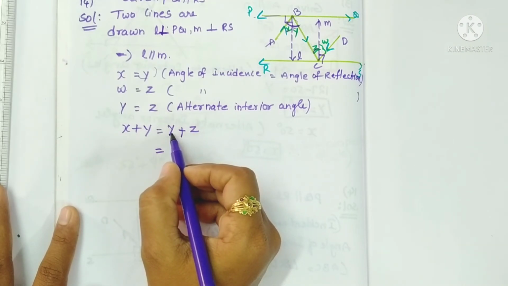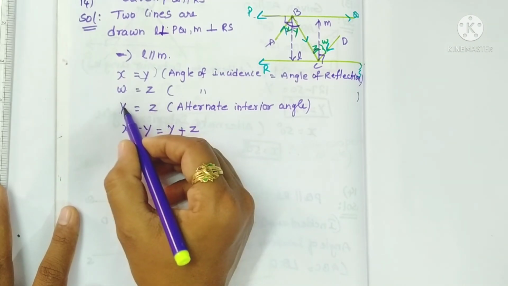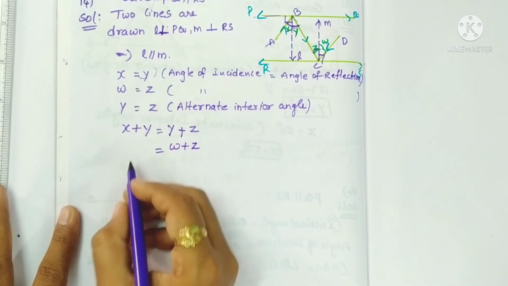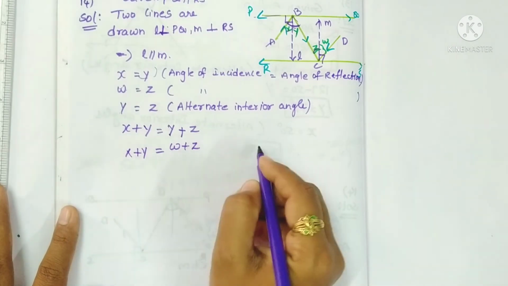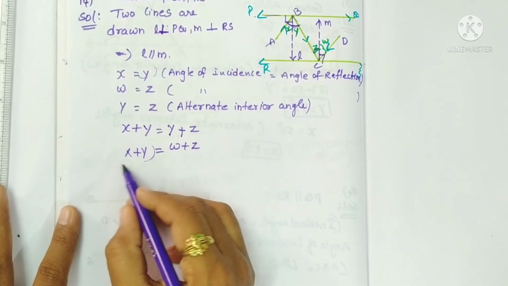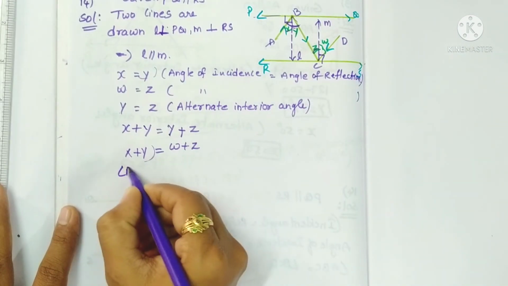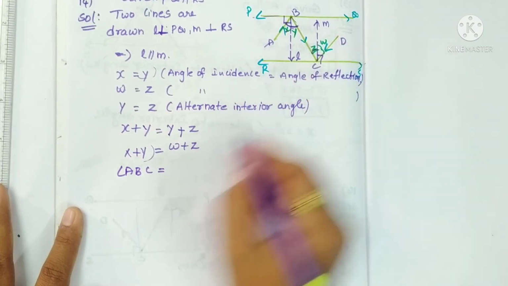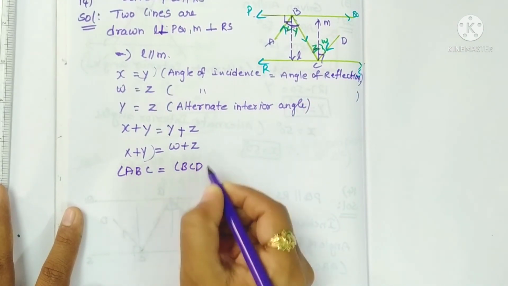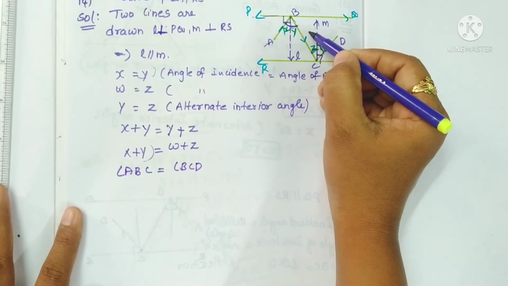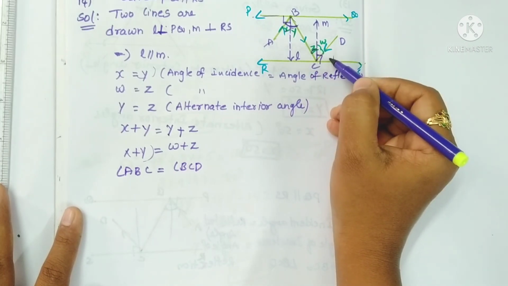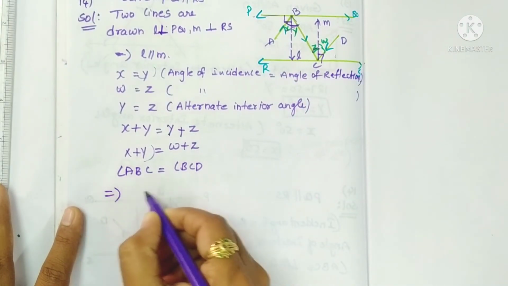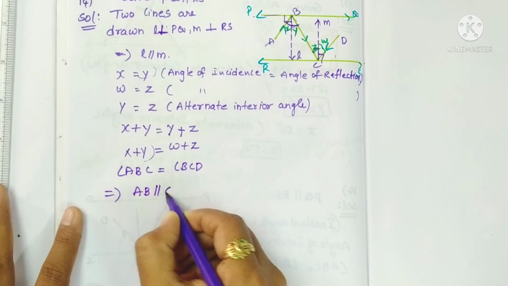Now in the place of y I can write z and z equals w. So w plus z. So x plus y equals w plus z. What is this x plus y? Angle ABC equals w plus z, angle BCD. This is what we have to prove. So angle ABC is equal to angle BCD. So finally alternate interior angles are equal now. So that implies AB is parallel to CD.